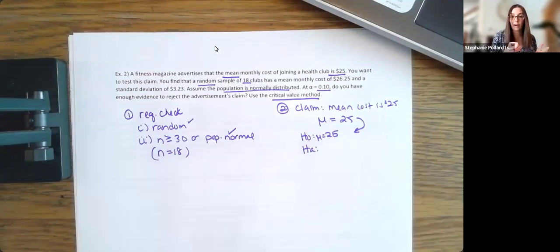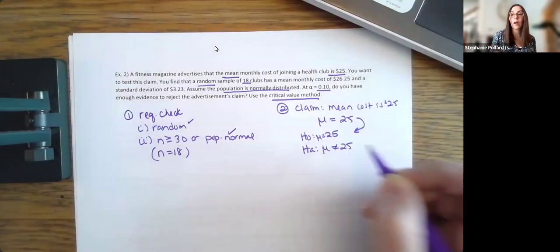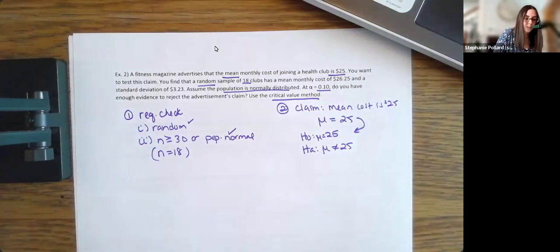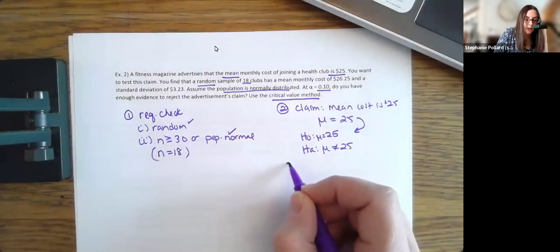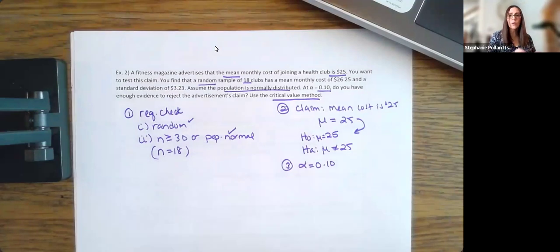Because it's a regular equal sign. And then the alternative would be the opposite, which in this case is a not equal to sign. And then we also need to note our alpha is 0.10 here.